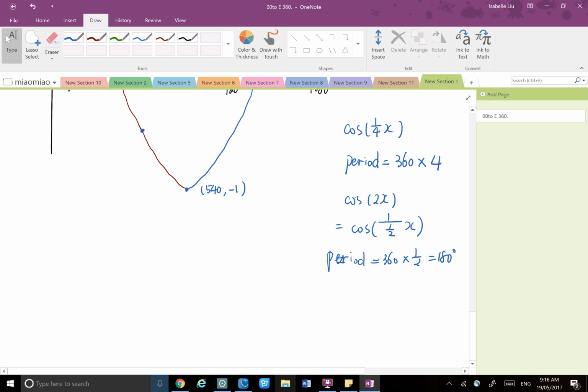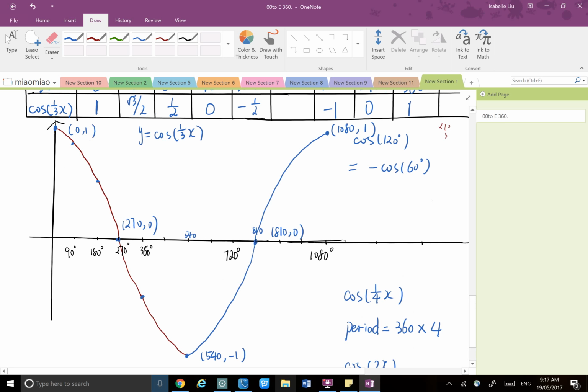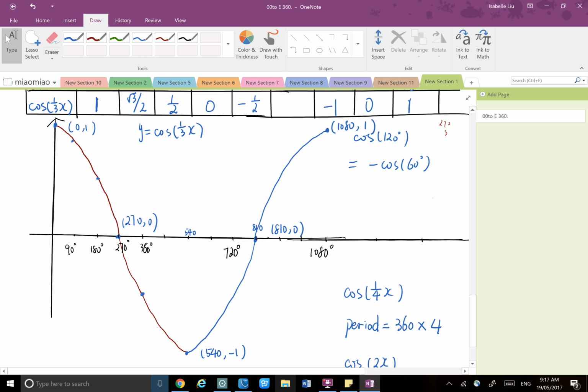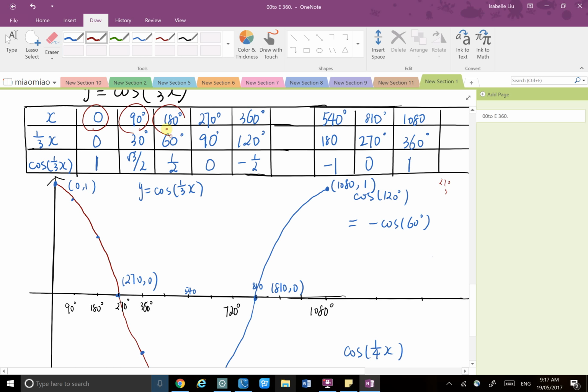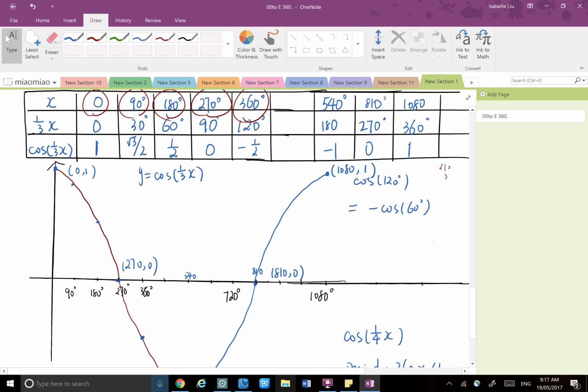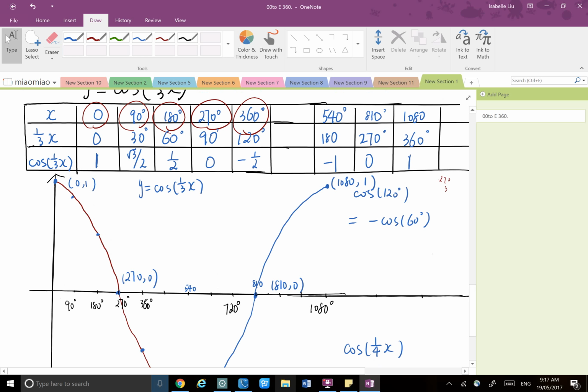Okay, so that's how those numbers influence the shape of the graph. It influences your period. And you can see all these special points have been multiplied by 3. Before, the special points were 0, 90, 180, 270 and 360. Now you have 0, 270, 540, 810, and 1080.